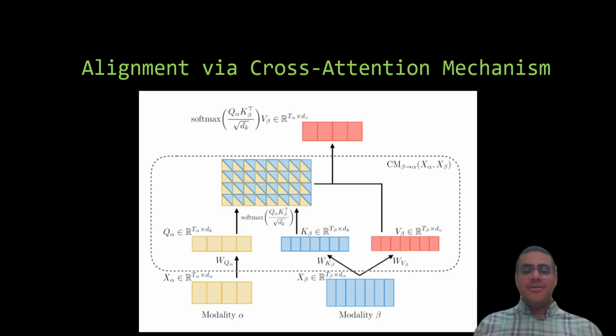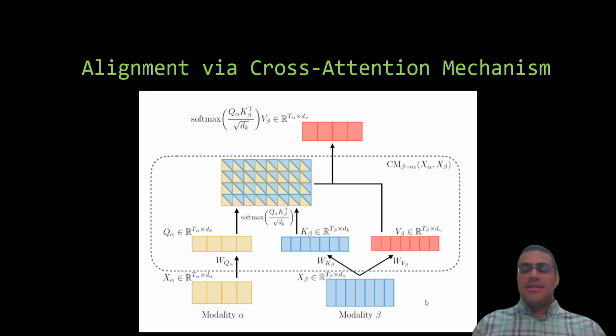Okay, for doing alignment, we are going to use something called the cross attention mechanism. We are already familiar with the self attention mechanism. Cross attention mechanism is basically the same. The only difference is that in cross attention we have two modalities, for example modality alpha and modality beta.